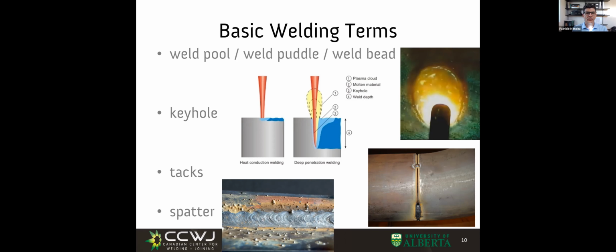Another term is called the keyhole. So imagine you're welding with a laser, right? And when you weld with a laser, the laser kind of drills into the metal and moves on, right? And the same thing happens with electron beams.